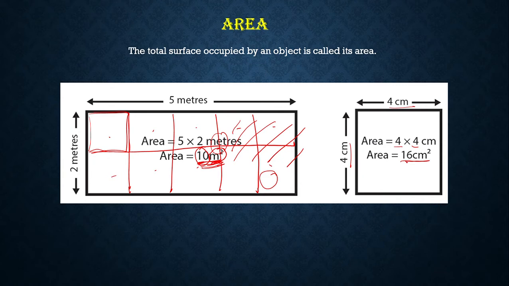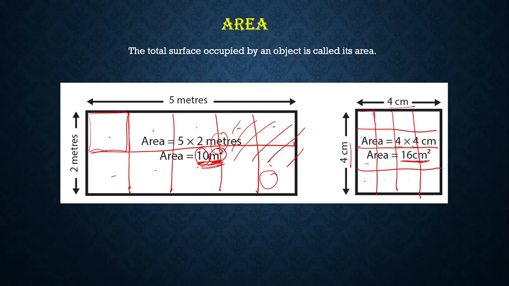Here, when the area is 16 centimeter square, you can fill this box with 16 squares that are of centimeter length. So suppose this is 4 centimeters, you divide it into 4 parts, and this part also you divide into 4. If you count the number of boxes, they will come to 16.